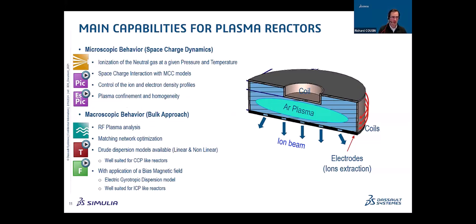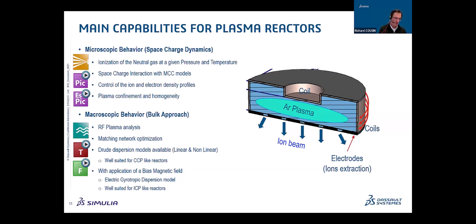Then we can perform the ionization of the neutral gas at a given pressure, consider the Monte Carlo collision superimposed to the model, and then establish the plasma up to the plasma regime in order to extract the electron and ion density that we have in the plasma.